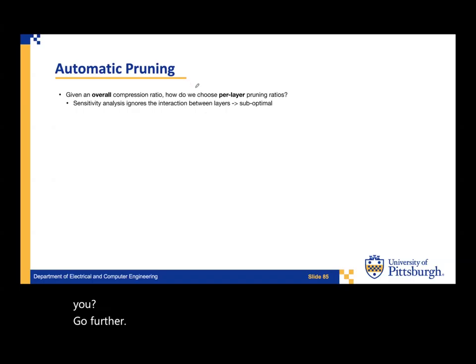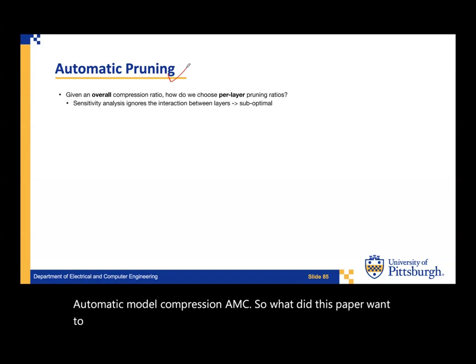For automatic pruning, there's a paper called AMC, automatic model compression. What this paper wants to do is automatically learn the pruning ratio for each layer.